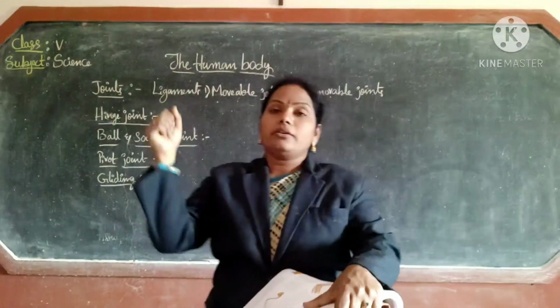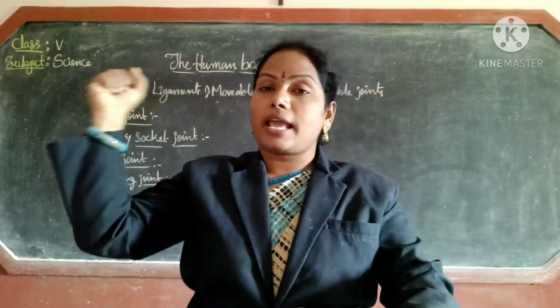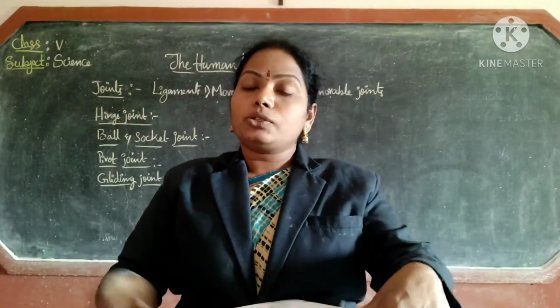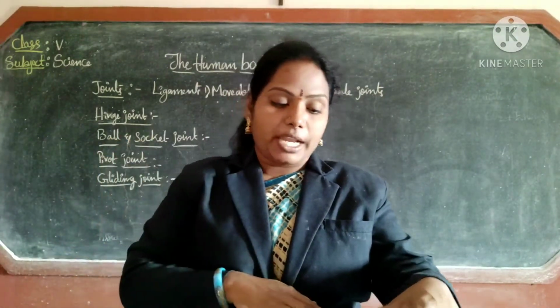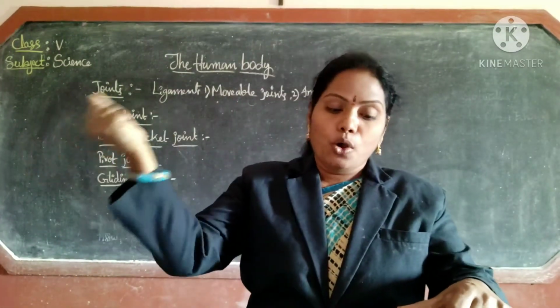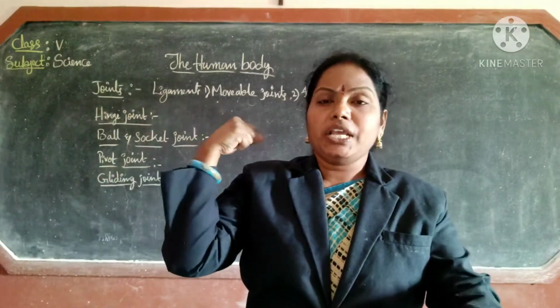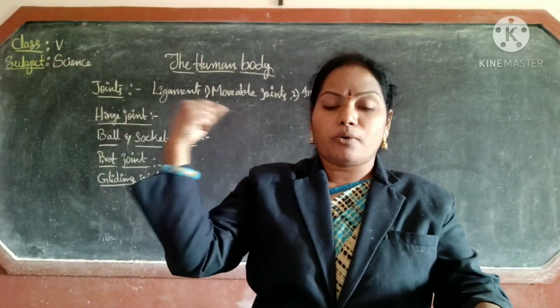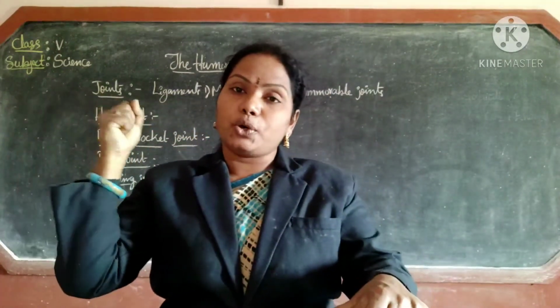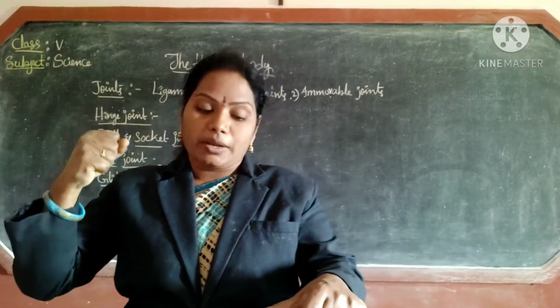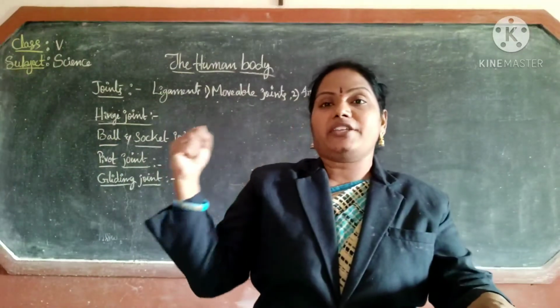Here the hand is just like a door. We can turn the door only to one side. We can move our elbow only in one direction. It is just like the movement of a door and window, which can be moved only in one direction.